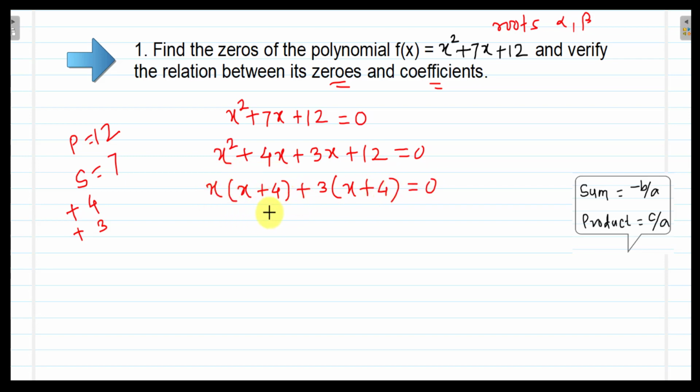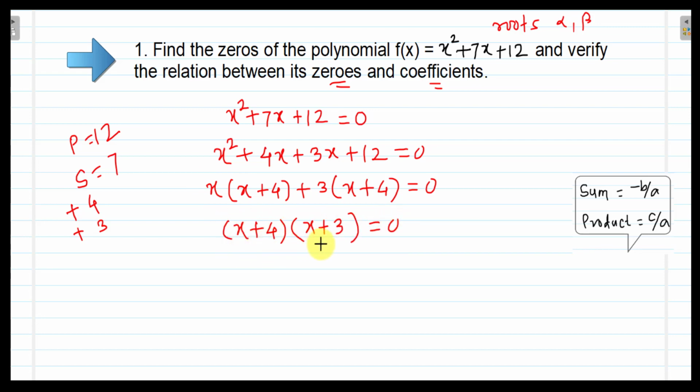Again from these two terms, x plus 4 and this x plus 4 can be taken as a common factor. So if you take out x plus 4 as a common factor, inside the bracket it will be x plus 3, which is equal to 0.